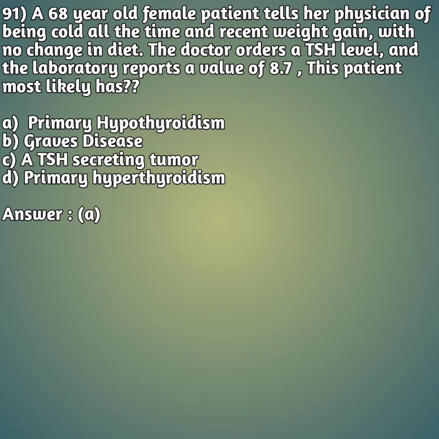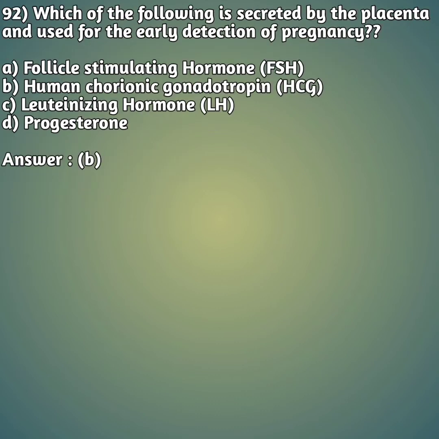Option A, primary hypothyroidism. Option B, Graves disease. Option C, a TSH secreting tumor. And option D, primary hyperthyroidism. So after seeing this case history of a 68-year-old female patient, the cause is option A, primary hypothyroidism. Next, moving to the next question.